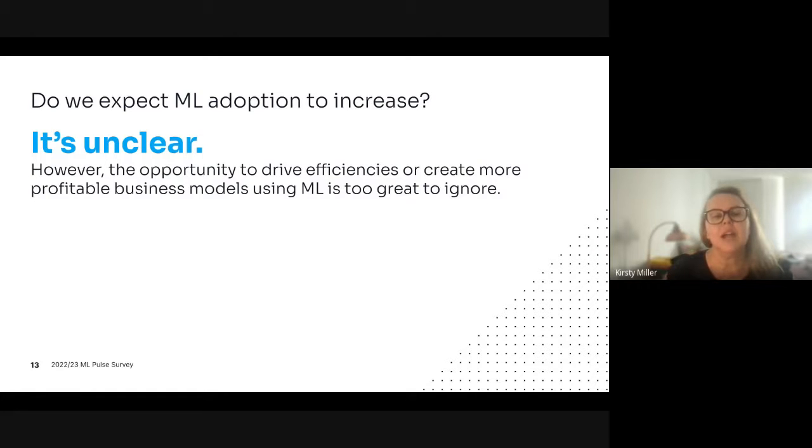Another factor is that machine learning can have such a strong impact on workflow augmentation and cost cutting, but also in products that generate revenue.